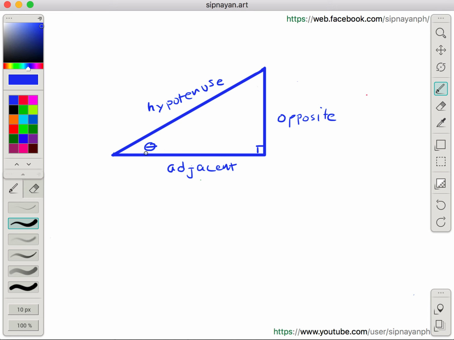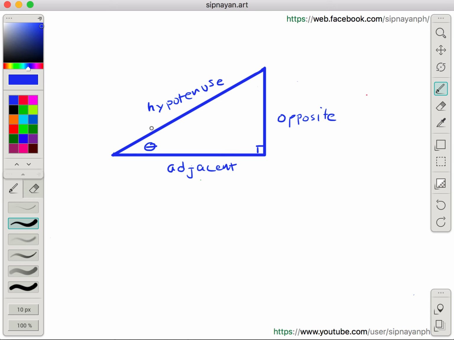So, pag meron tayong angle theta, one of the acute angles, pwede nating i-label yung sides in relation to theta. So, yung opposite side dun sa angle, pwede natin siyang tawagin na opposite side. Tapos, yung katabi ng angle, dalawa yan. Yung hypotenuse, which is the longest side of the right triangle, and yung adjacent, yung isa pa niyang katabi.